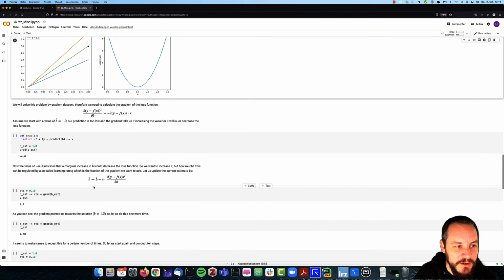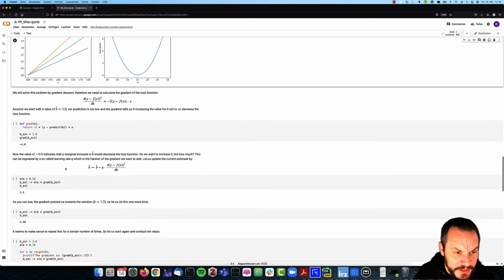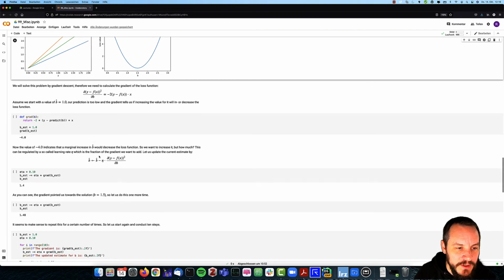And now, in order to make sure not to overshoot, so not to correct the original value by too much, we will also use eta, which is just a constant numerical value set by us as the user, to make sure that we are really doing smaller steps here. So eta needs to be set by us, and we should try different values.